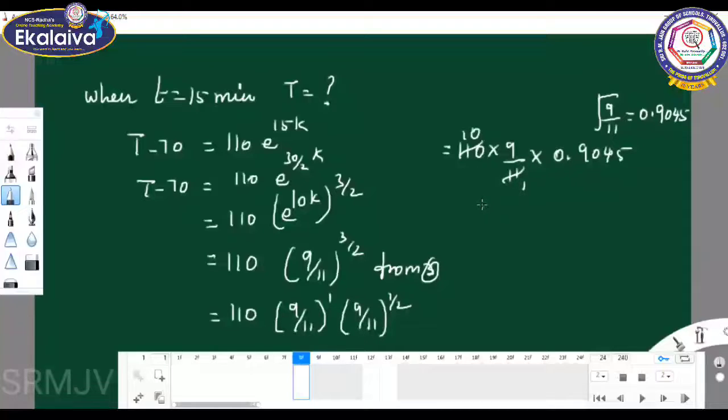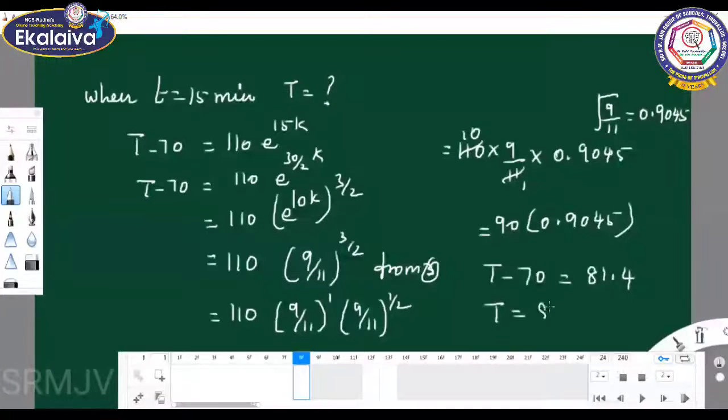90 into 0.9045. So T minus 70 equal to 90 into 0.9045, which is nothing but 81.4.